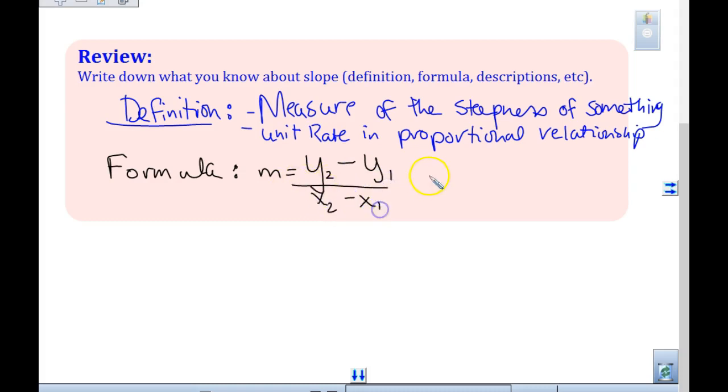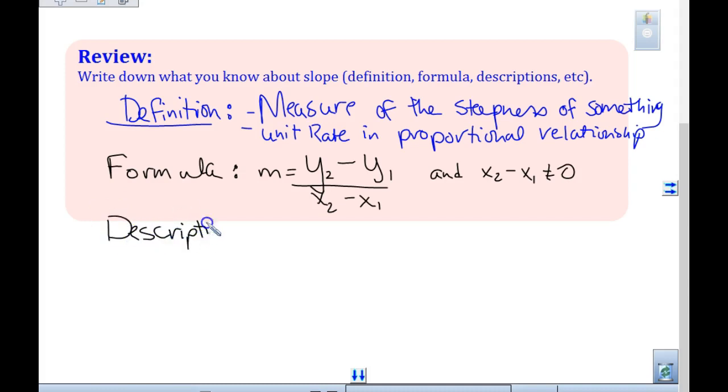And what you're going to sometimes see with this formula is that they will say, and x2 minus x1 cannot equal 0. What happens when we divide by 0? Dan, what happens when we divide by 0? It's undefined. Undefined. No, not right now. I need you here.